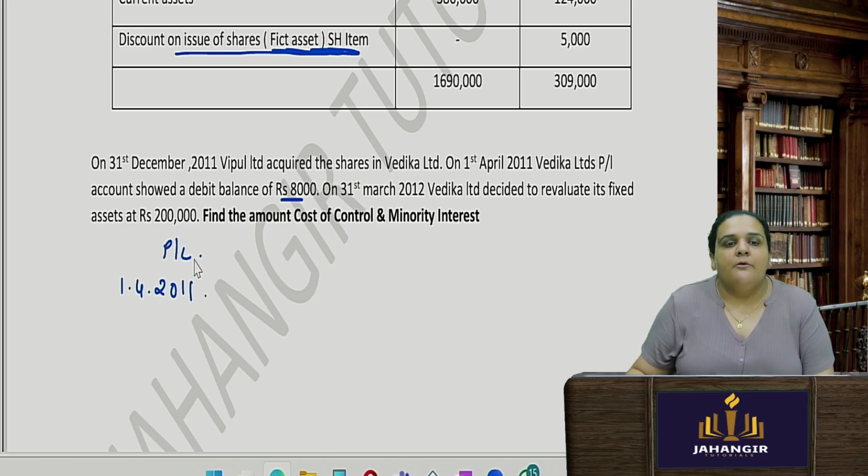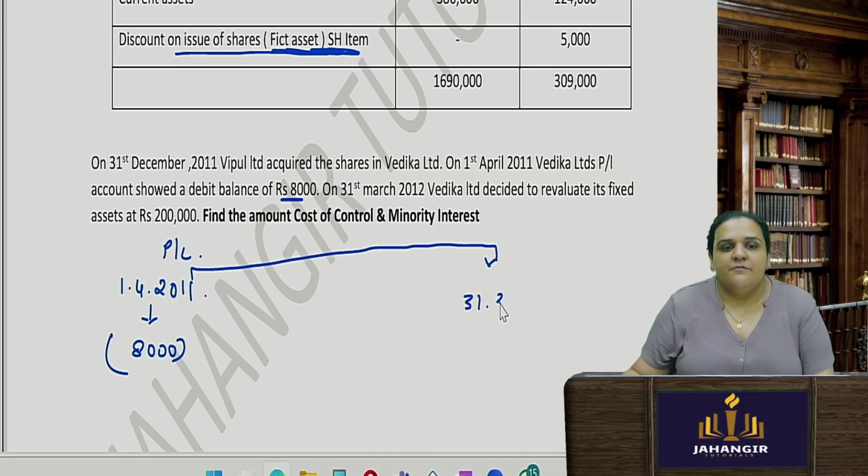They are talking about their P&L account. It showed a debit balance of 8,000, that means it was a loss. They are closing the balance sheets on 31st of March 2012, and Vipul has come on 31st of December 2011. All these dates are very important.